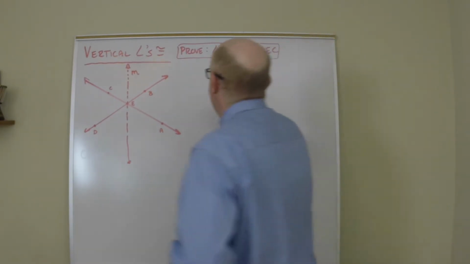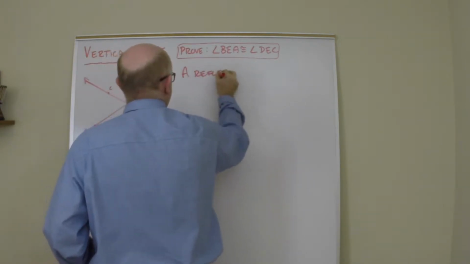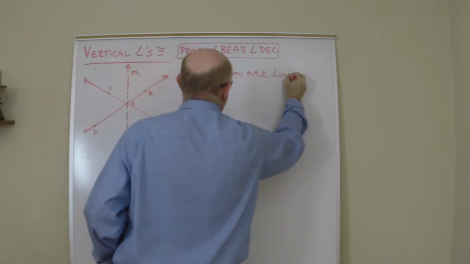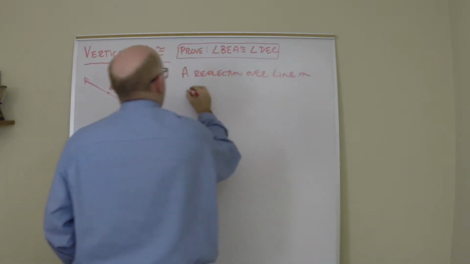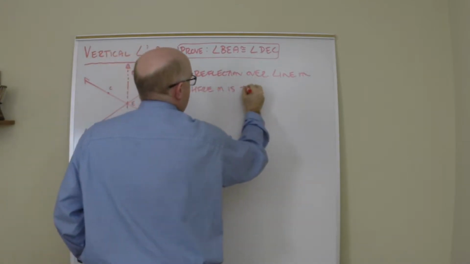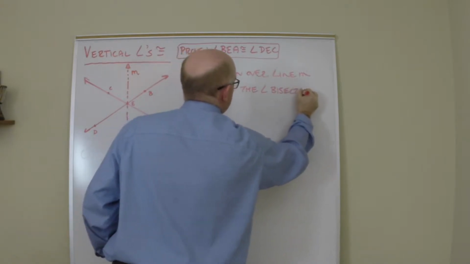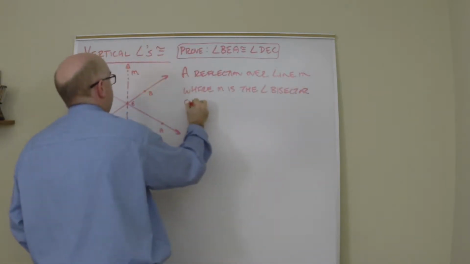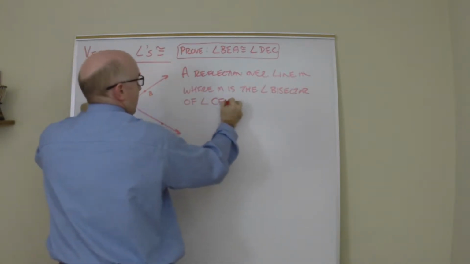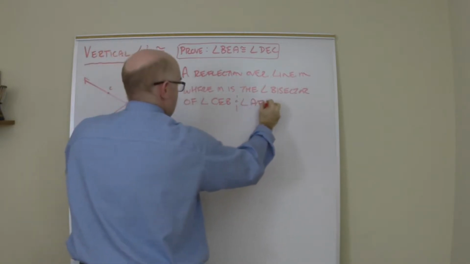But it would say a reflection over line M, where M is the angle bisector of angle CEB and angle AED.